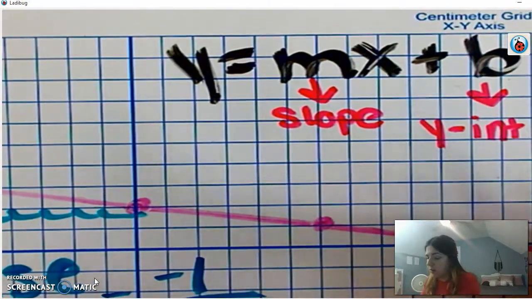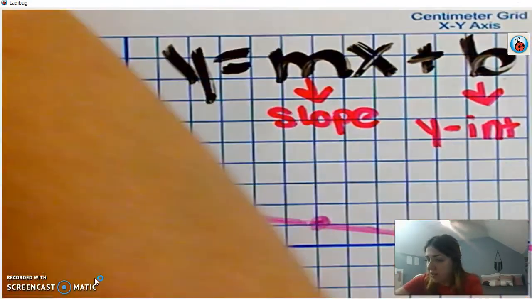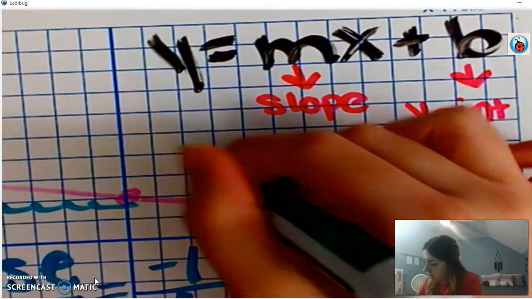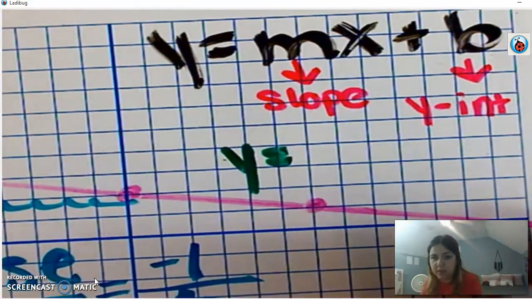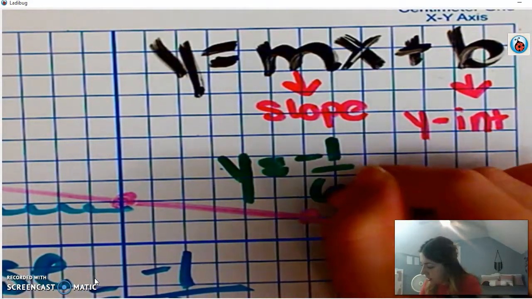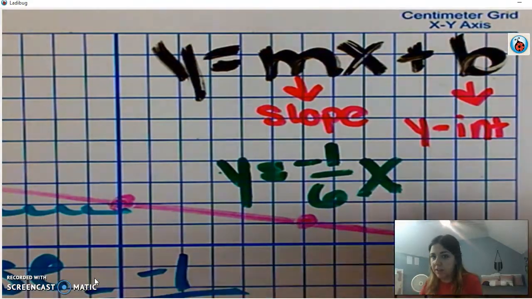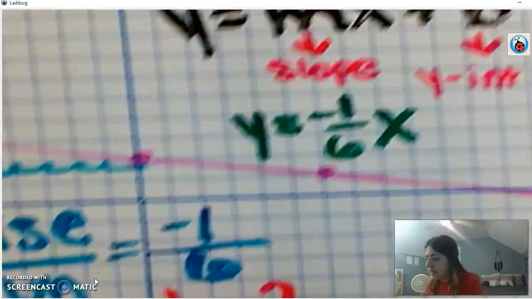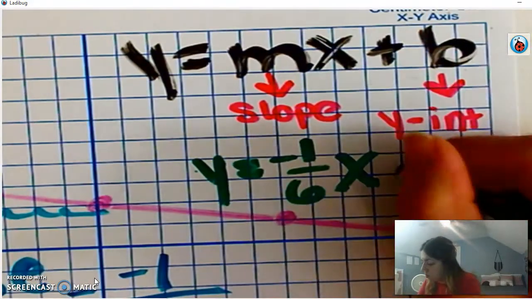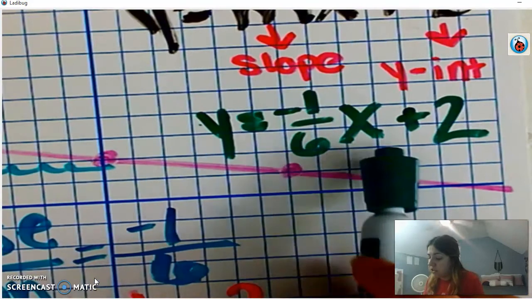So my final answer is going to be y equals, we know m is negative 1 over 6. Don't leave out your x. That's what you all missed a lot when we did this in class. And then we found our b is 2, positive, so plus 2.